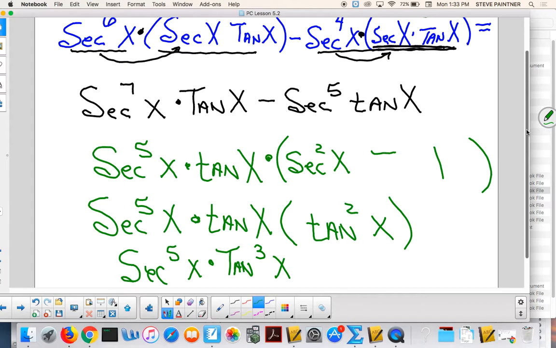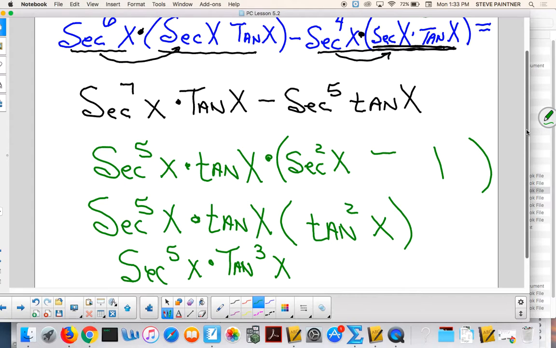Does it say times? No, it's minus. Oh, I see what you did. This and this and this and this. Minus one. Then it should be minus 1. Which one are we doing? The secant. Secant squared minus 1 is just tangent squared. Yes, it is.